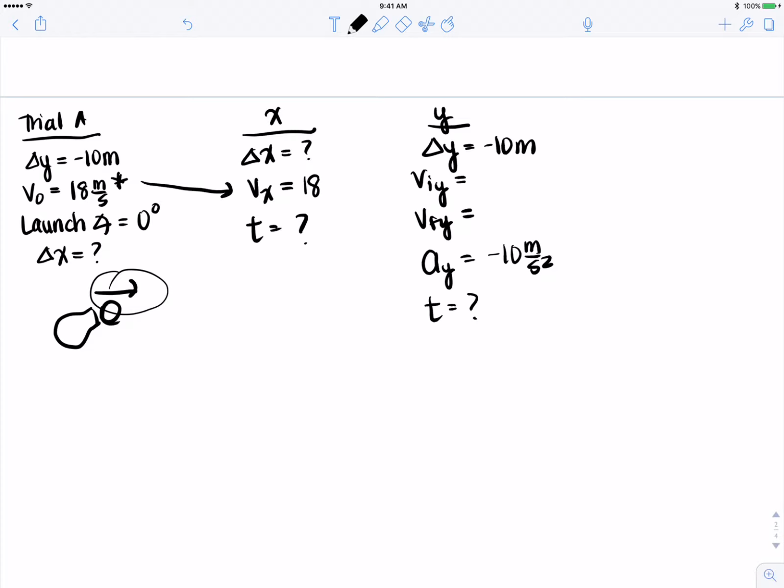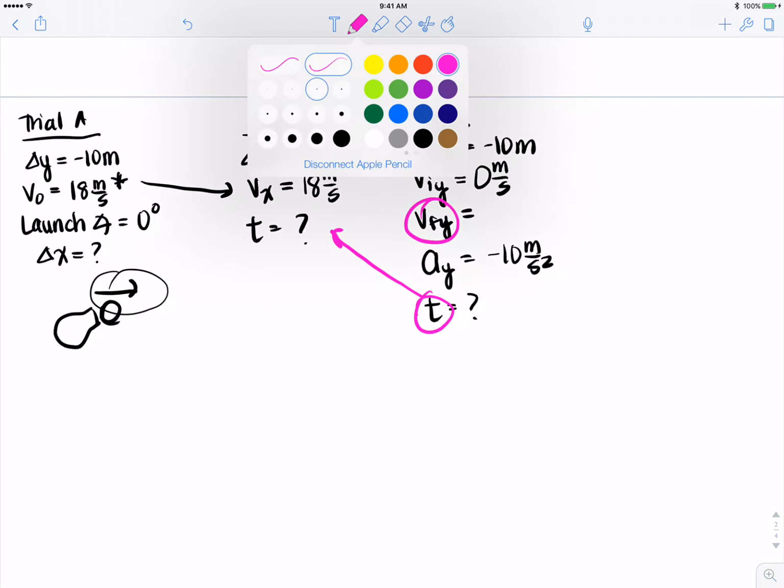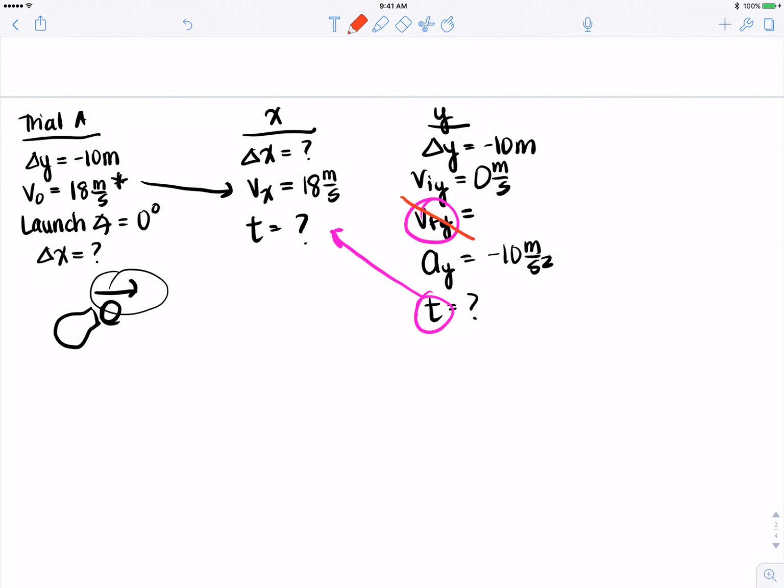So let's fill that in. So now it looks like we're down to two variables we don't know in the y. We don't know v sub fy, and we don't know t. But t we need to plug in the x. So I guess we are going to leave out v sub fy.